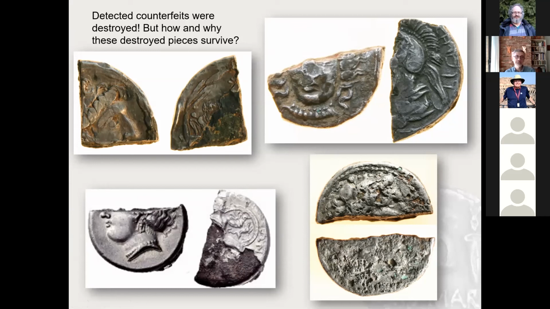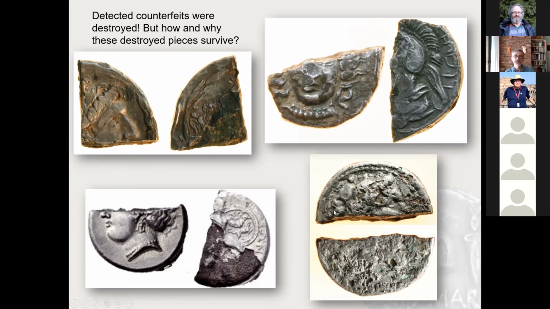People simply didn't try to strip off the remaining silver. It was not worth it, or they didn't have the time or the chance to do it. So this is a selected coin. This is a 5th century BC Tarsus stater. This is an Alexander tetradrachm. And why did these survive?